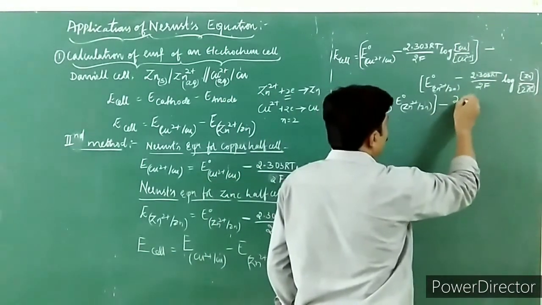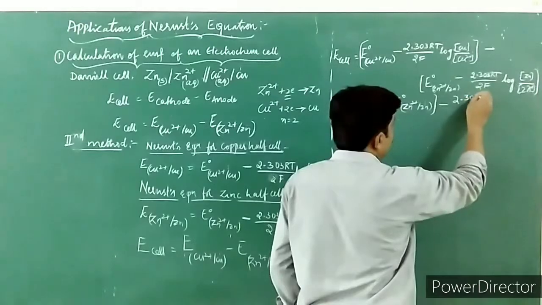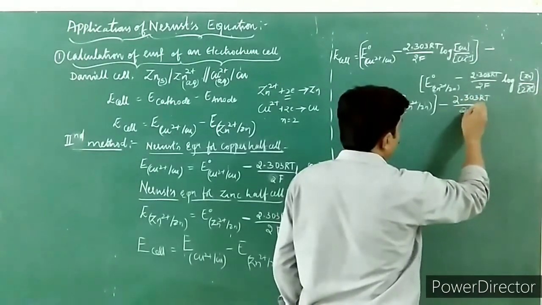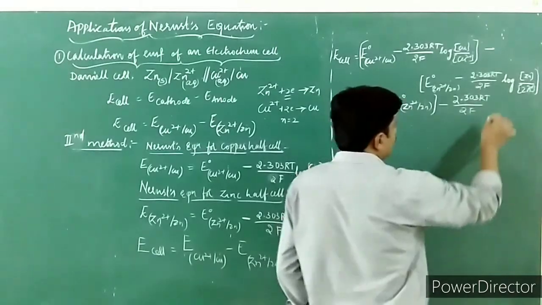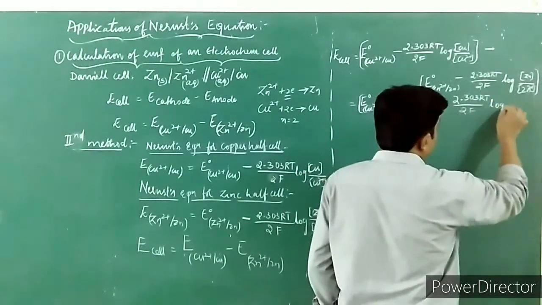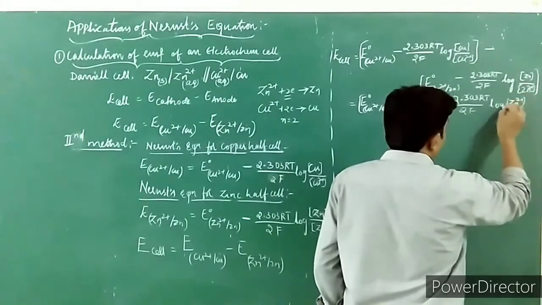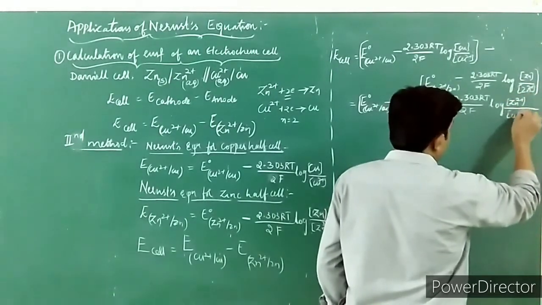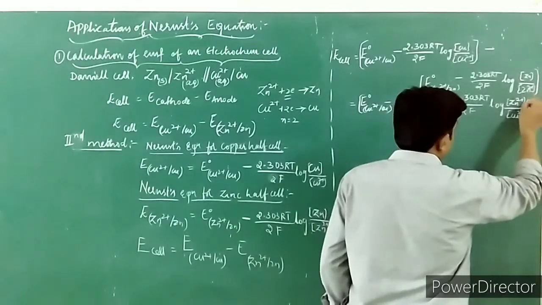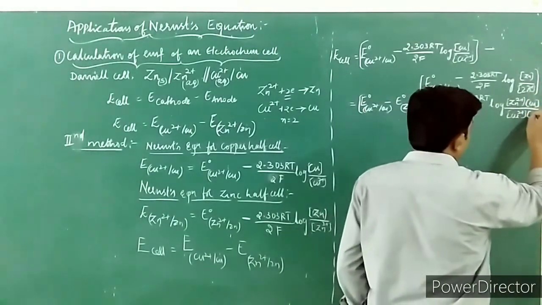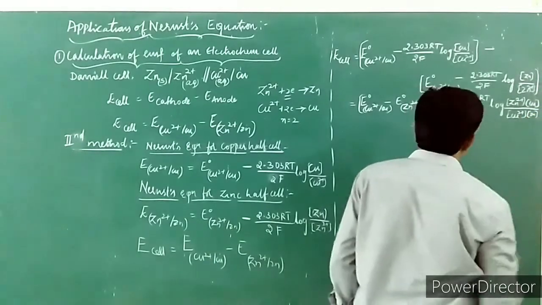Minus 2.303 RT upon 2 into F. So in that case, log of Zn2+ upon Cu2+, you can write this also, concentration of copper upon concentration of zinc.